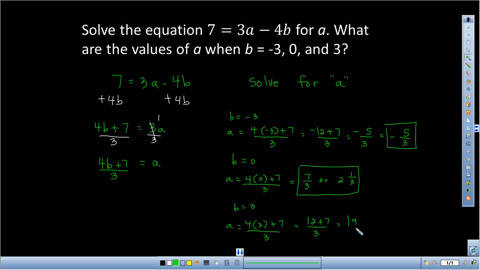So we have 19/3. That's an improper fraction. So another way to write our solution is as a mixed number. 3 will go into 19 6 times with 1 left over. So we could write that as 6 1/3.